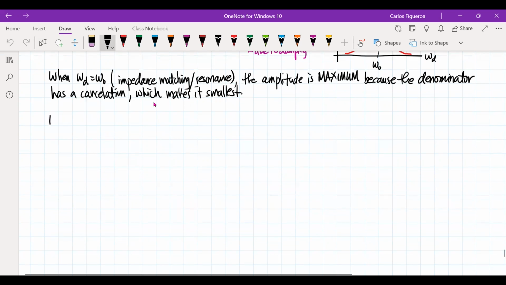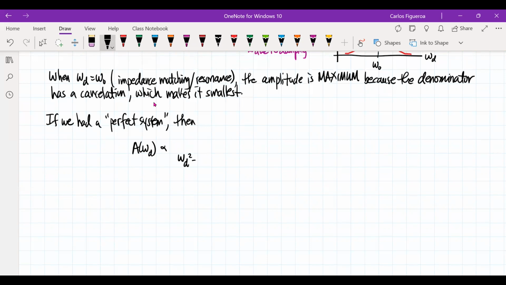So if we had a perfect system, then the amplitude of omega d would be proportional to omega d squared minus omega naught squared.